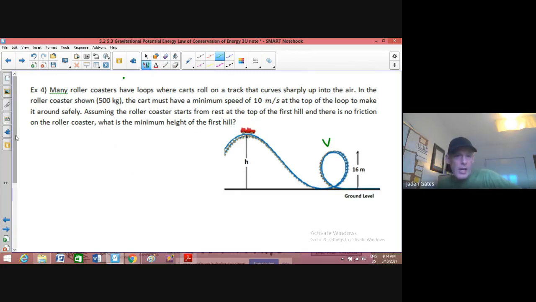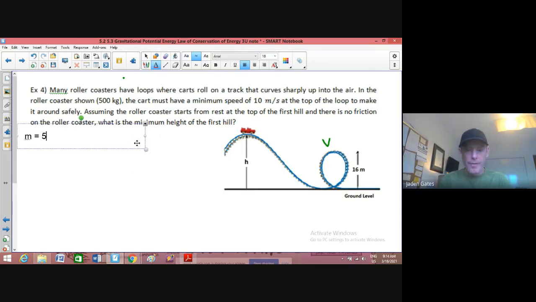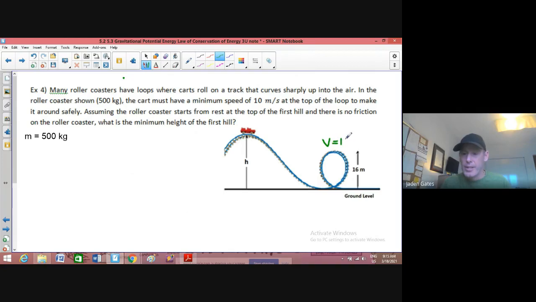Again, I've got some values here I'm going to write down. The mass here is 500 kilograms. The minimum speed that we need at the top is 10 meters per second to get around.